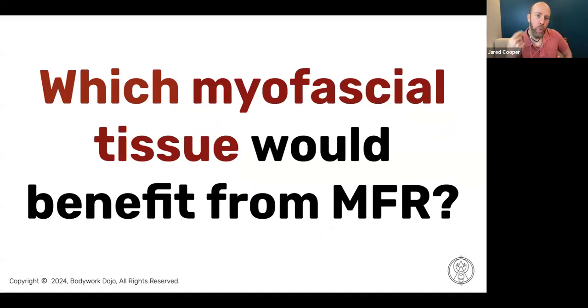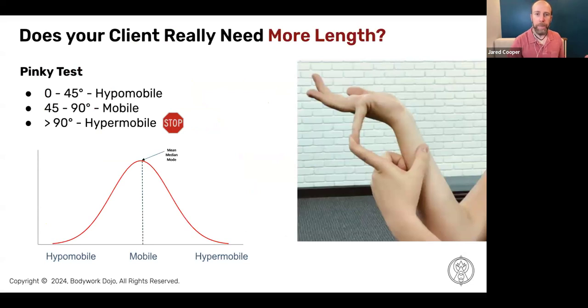So let's ask the question: which myofascial tissue would benefit from myofascial release? How do you know when you're assessing somebody what it is that needs this work? We're going to do a little experiment, because the very first thing I want you to understand about myofascial release is there is a set of tissues that don't need it, and that is hypermobile tissue.